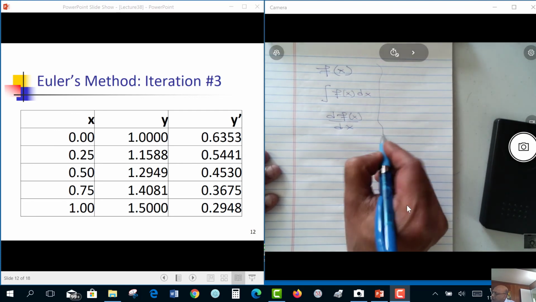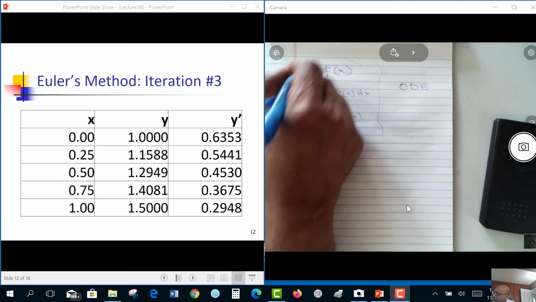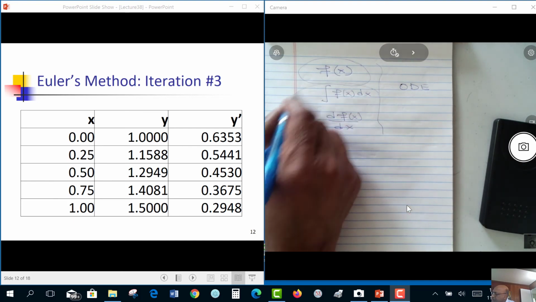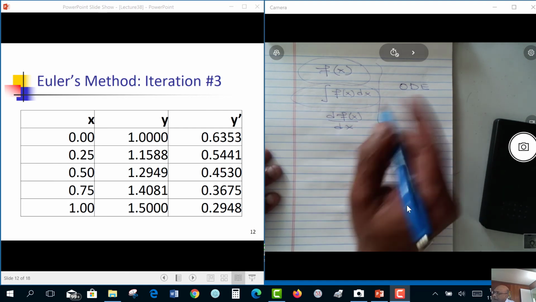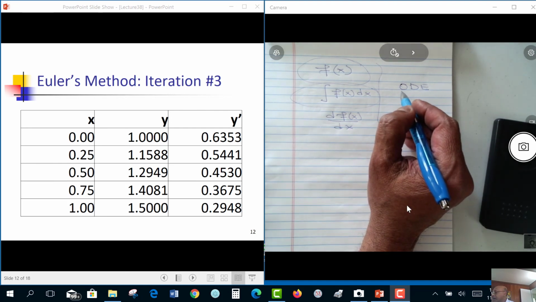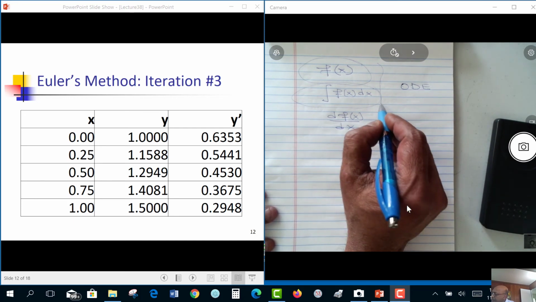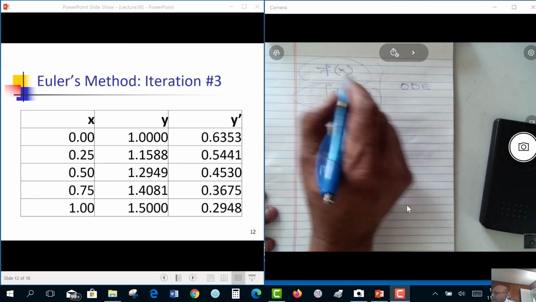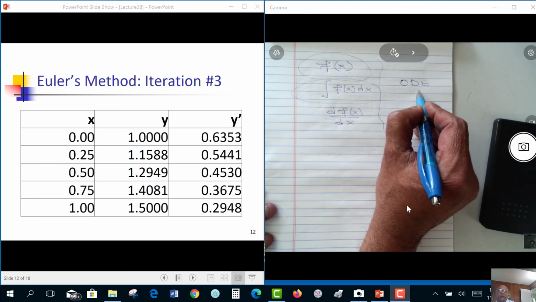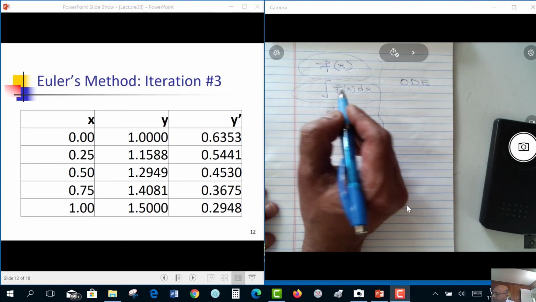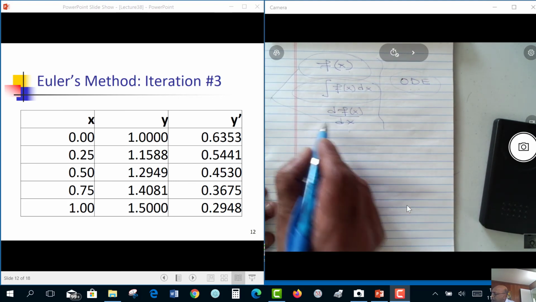So when we were solving differential equations, we combined ideas of this with ideas of this. And we developed our Runge-Kutta method, Euler's method, and then we combined that with our secant method to solve a boundary value problem.